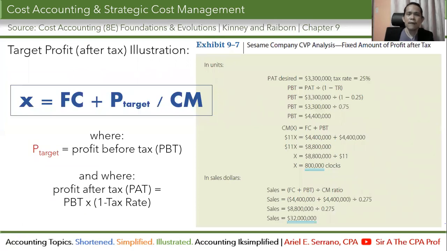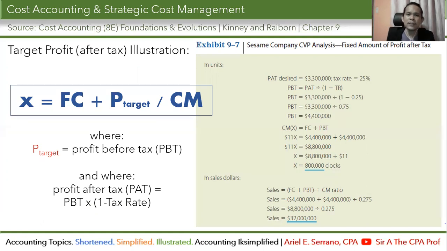What happens if after tax? Remember that your after tax is simply your profit before tax times 1 minus tax rate. So, kung 30% yung ating tax rate, ibig sabihin kung ang profit before tax ko ay 100,000, we will simply remove the 30% tax.